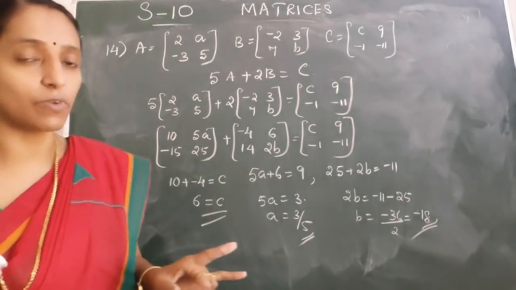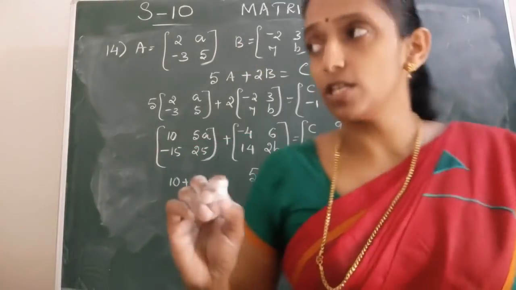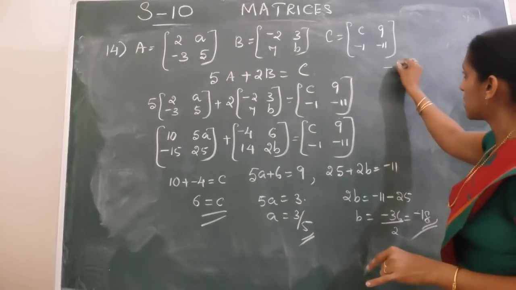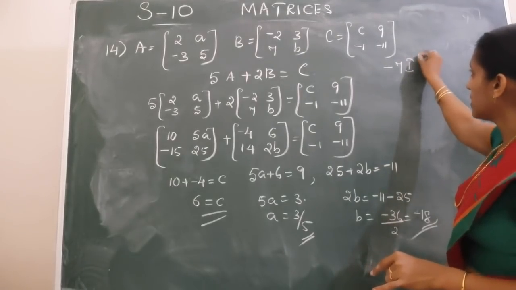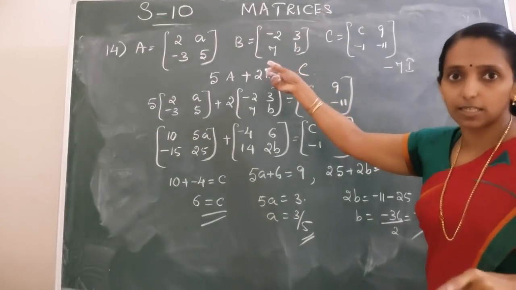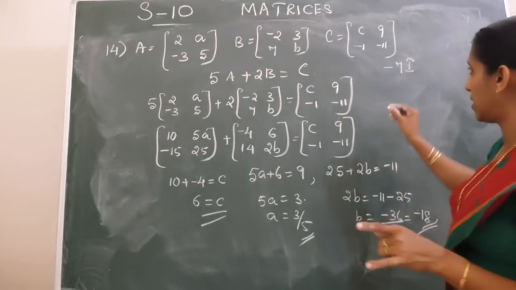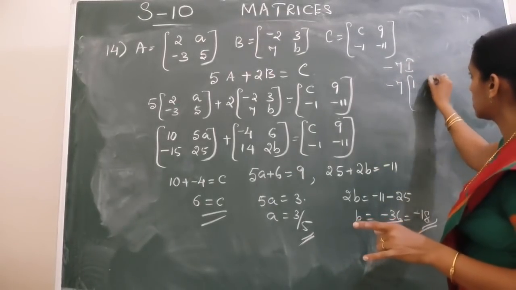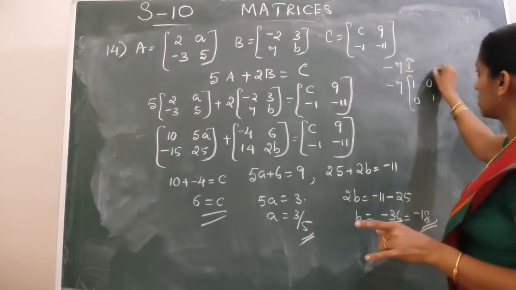Order of the matrix is very important here. 7I indicates the identity matrix. As this matrix is of 2 by 2 order, this 7I you will take like this: 1, 0, 0, 1. Did you understand?